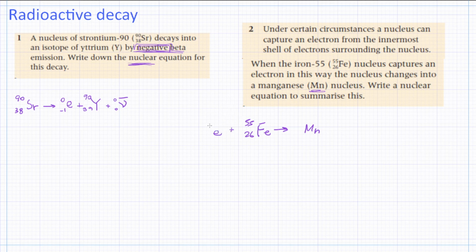So electron, mass 0, charge -1. So my iron will decrease its charge by 1, and its mass will remain unchanged. So that's why it becomes manganese, because we have changed the atomic number. And that's it. Next topic, half-life.